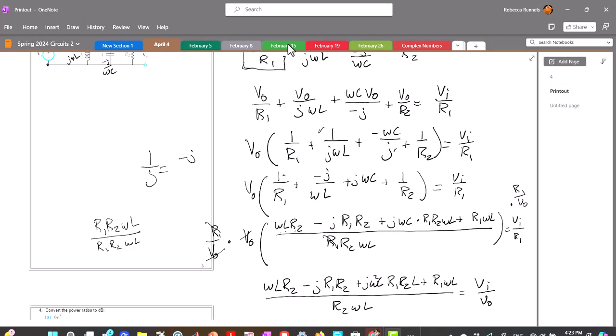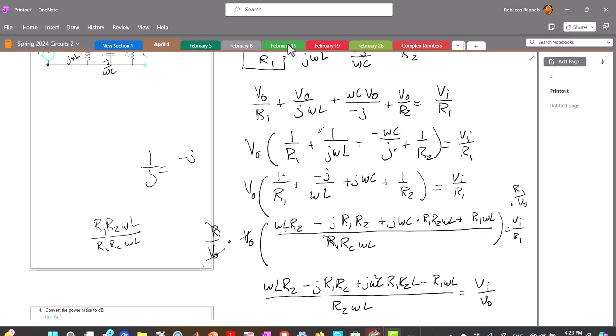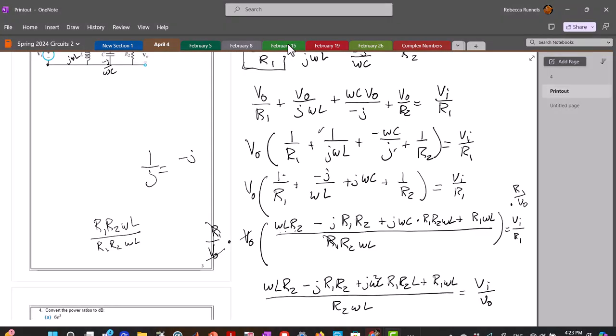This first term picked up an omega L R2. The minus j picked up just the R1 and the R2 because it already had the omega L. The j omega C needed everything, so it got R1, R2, omega L, and the 1 over R2 needed just the R1 omega L, so it got that.